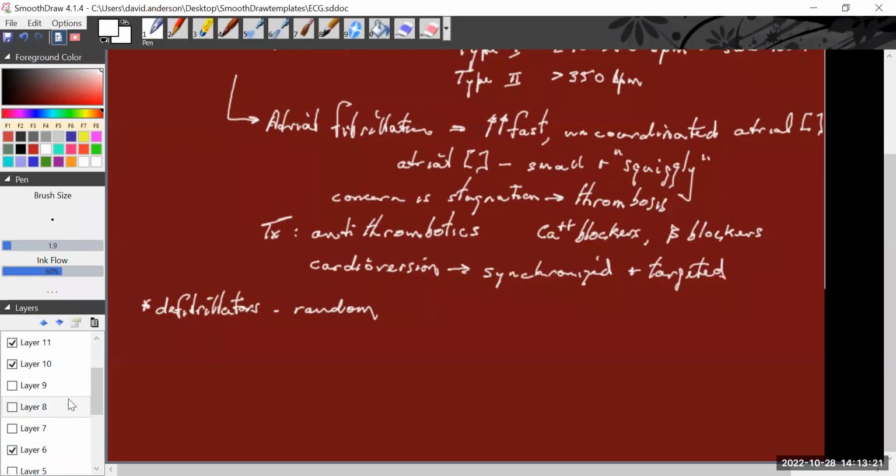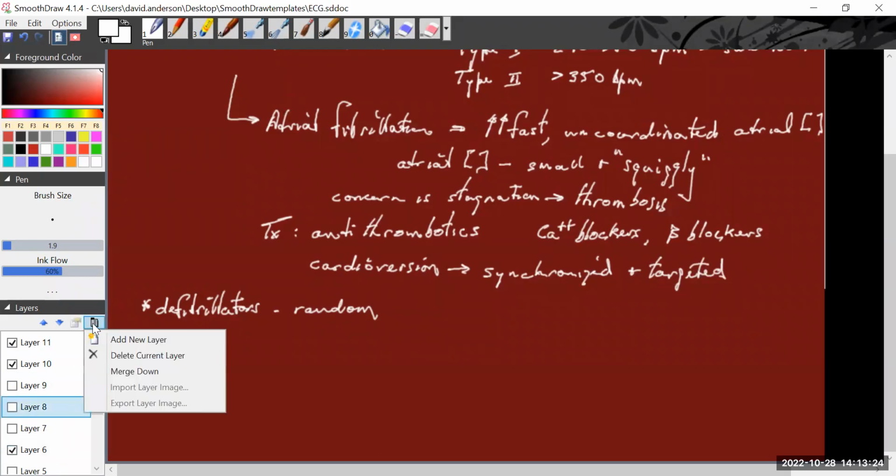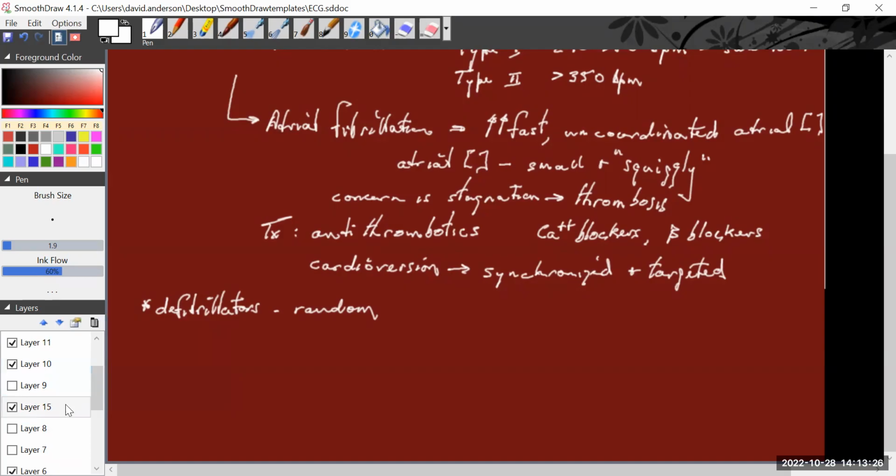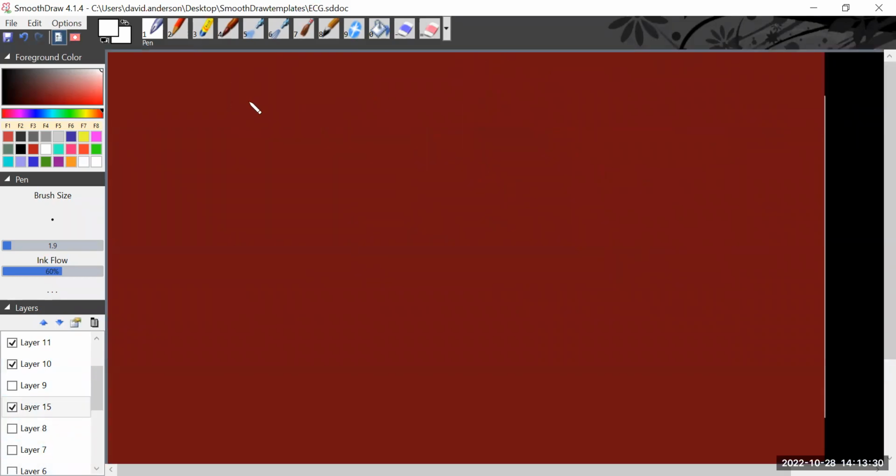Now, if we go to here, and I want to just put in a new layer. So let's get out of here and look at some ventricular changes. So we have some of the similar sort of terminology.